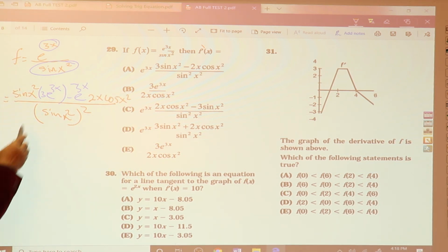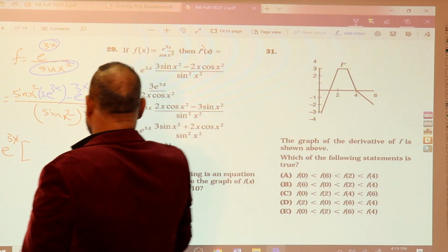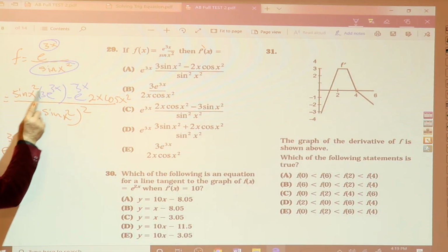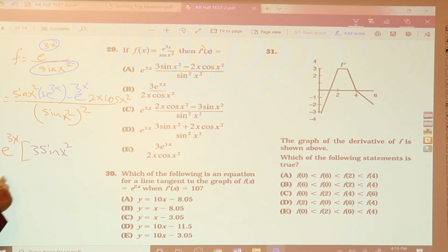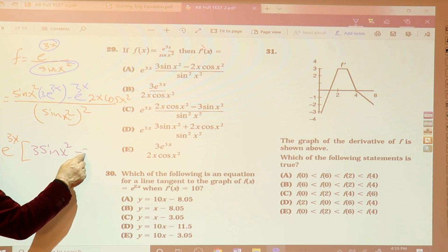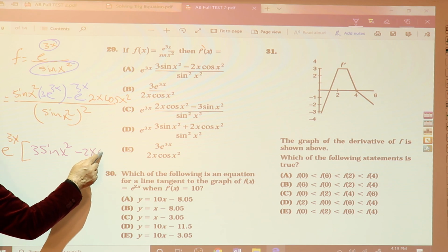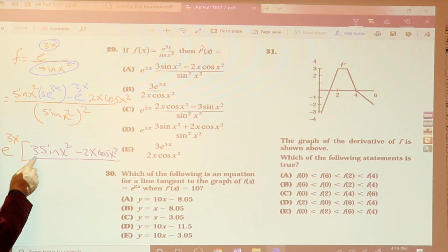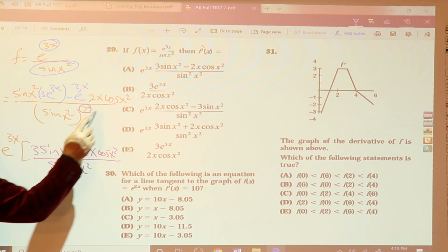Now, if you want to take e^(3x) as a common factor, what is left? We took e to the 3x as a common factor: 3 sine x squared minus 2x cosine x squared, over sine square x squared. This square comes here.